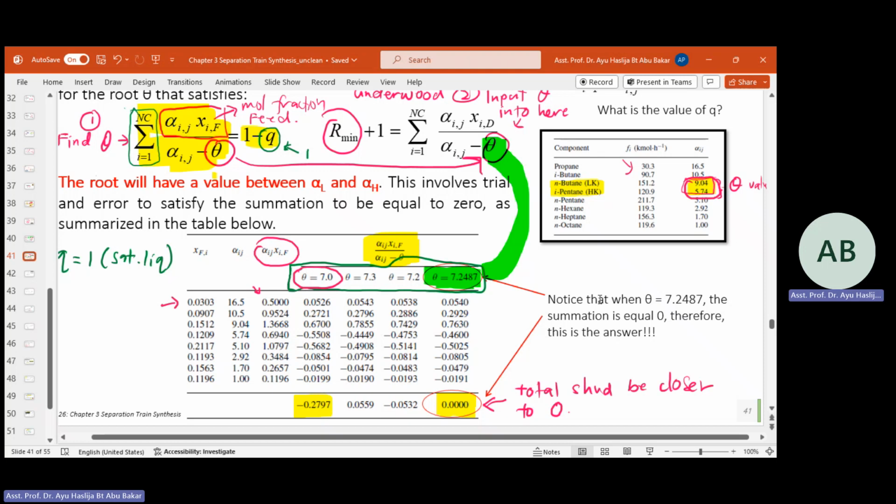Okay, 3 minutes now. Now, move to the next step to find the Rmin. Once you obtain your theta, we need to put it into this equation.